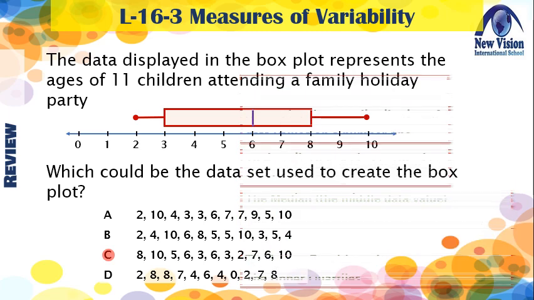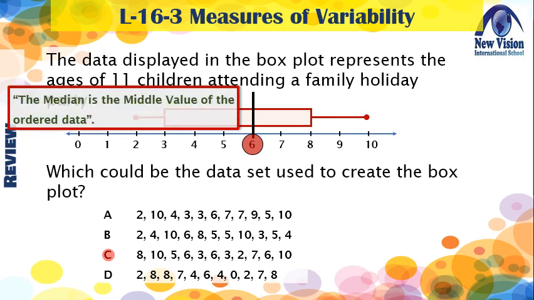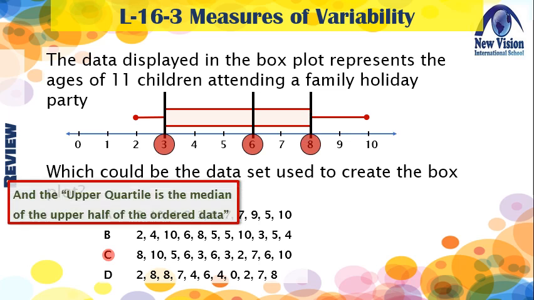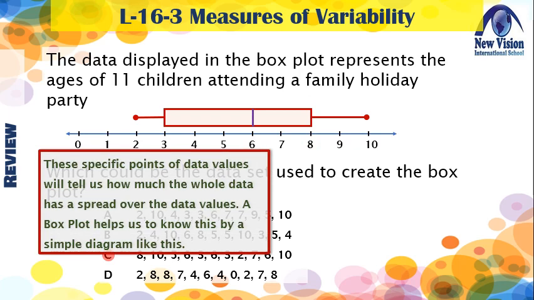The median is the middle value of the ordered data. The lower quartile is the median of the lower half of the ordered data. And the upper quartile is the median of the upper half of the ordered data. These specific points will tell us how much the data is spread over the data values. A box plot helps us to know this by a simple diagram like this.